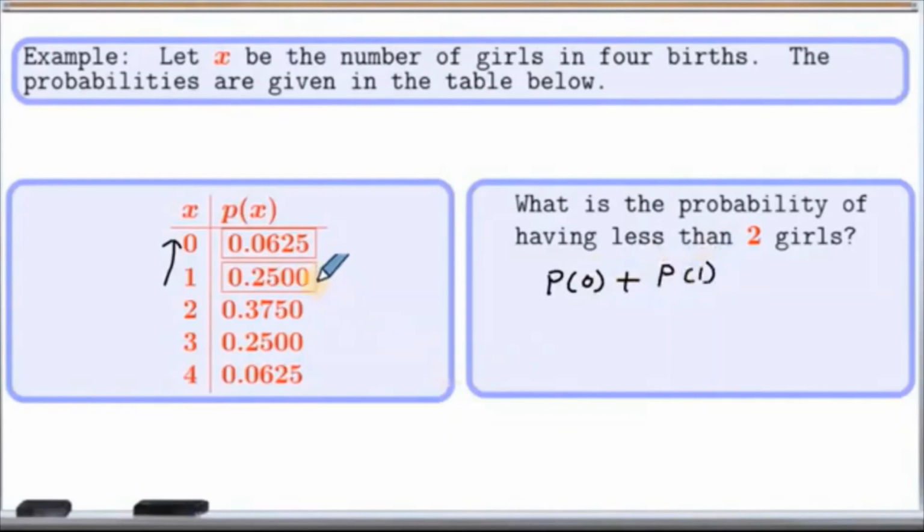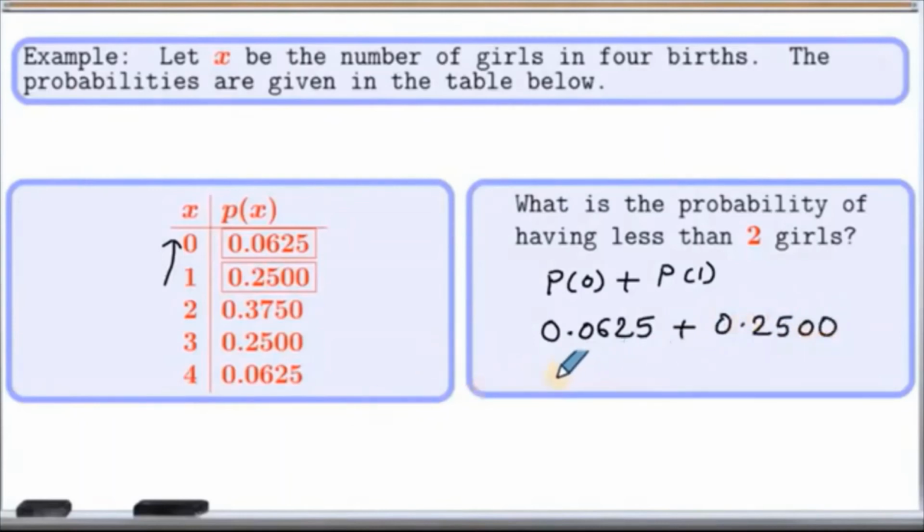So from the table we know probability of 0 is 0.0625 plus probability of 1 is 0.2500.